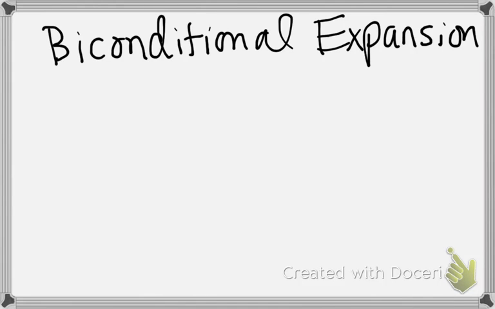So this lecture will talk about the rule that I'm going to call biconditional expansion. We're going to abbreviate that with just the letters BE. And this is a rule that's not in your text at all, although it's in a lot of sentential logic rule sets. We don't happen to have a version of this.